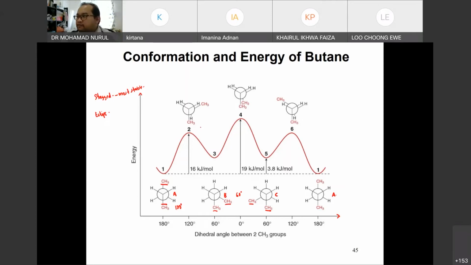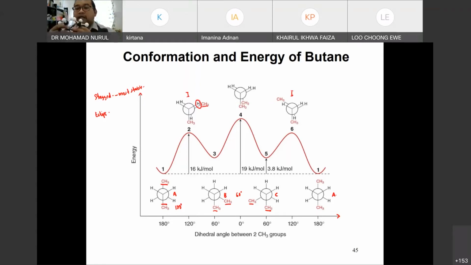And for the eclipsed, we know eclipsed is less stable compared to staggered. We have a few types of eclipsed. This is what I call one Roman, and this is also one Roman because the arrangement of the conformer is quite similar. For the steric interactions, they have only interactions between CH3 and hydrogen.